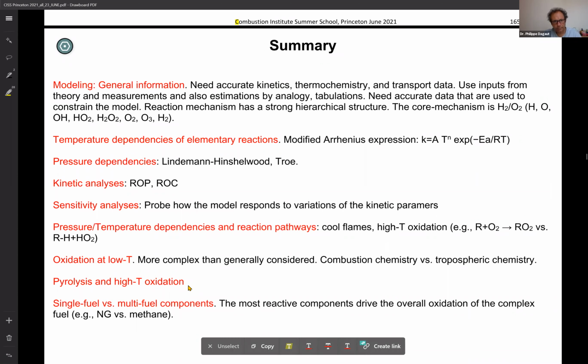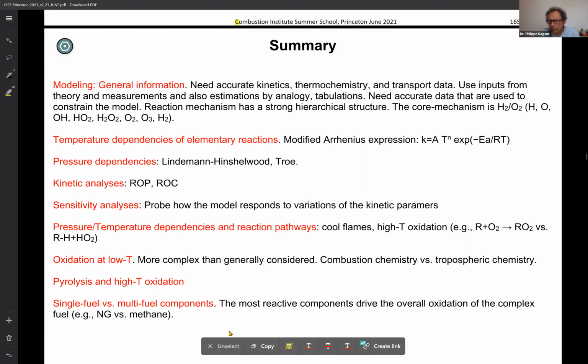So this is a very important aspect of the reactivity of complex fuels, and we will see that on Friday.